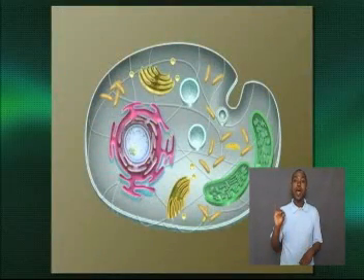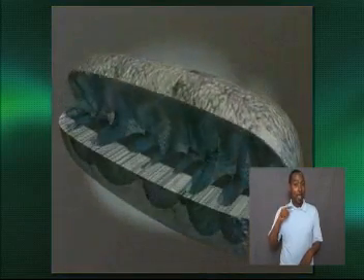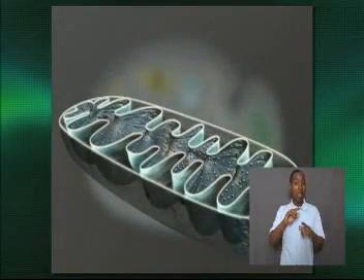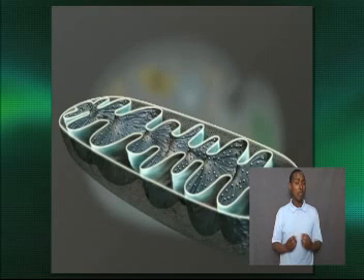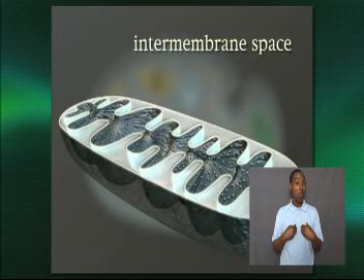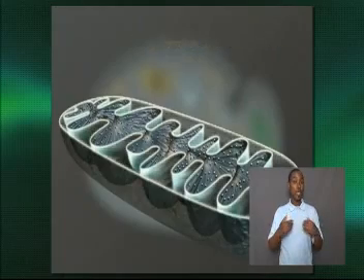Mitochondria are small, rod-shaped organelles that are found in almost all cells. They have a folded inner membrane that provides a large surface area for aerobic respiration to occur.